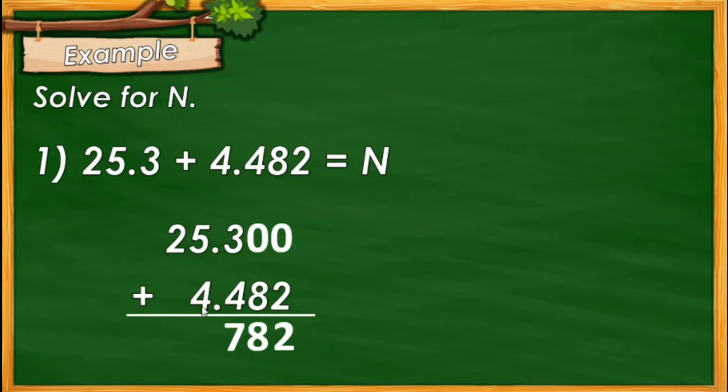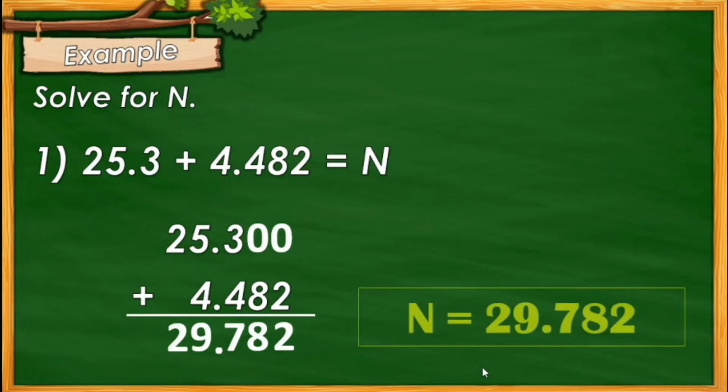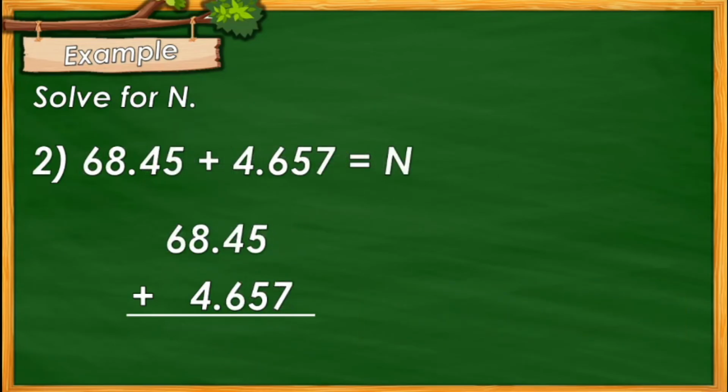Then 5 plus 4, we have 9. And bring down 2. So bring down the decimal point again. So now the final answer is 29 and 782 thousandths.